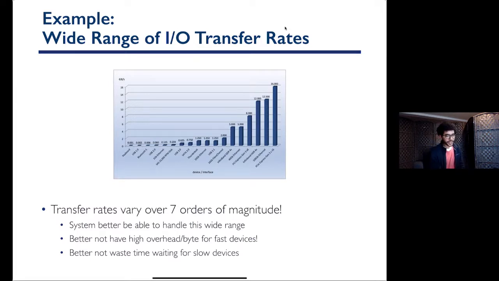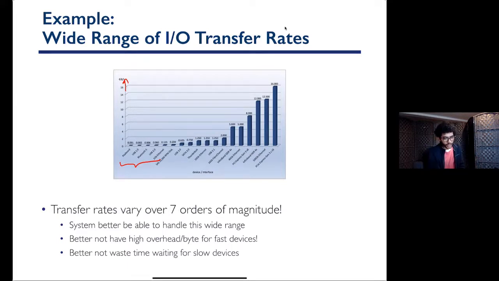On the y-axis, I have gigabytes per second: how much data can you transfer between your device and the memory system or the CPU? And on the x-axis, I have different types of devices. At the bottom of this spectrum, you have your keyboard, your USB, your Bluetooth. These are devices with a really low transfer rate. There is not much data being transferred.